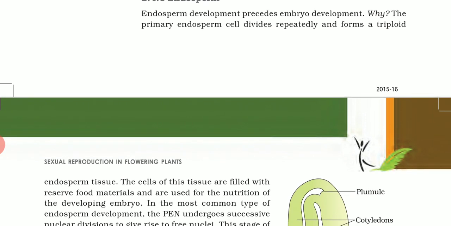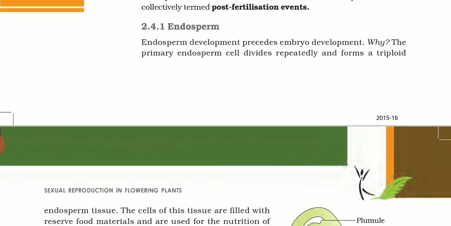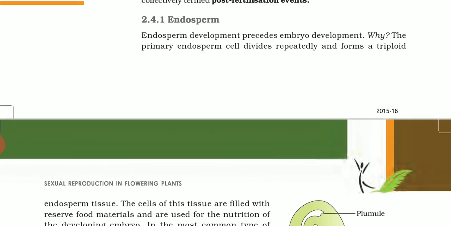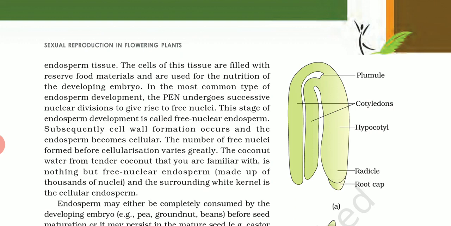The PEN undergoes repeated free nuclear divisions, successive nuclear divisions, and gives rise to free nuclei. This is called a free nuclear endosperm. And later on, the cell wall will be formed inside, and therefore the endosperm becomes cellular.